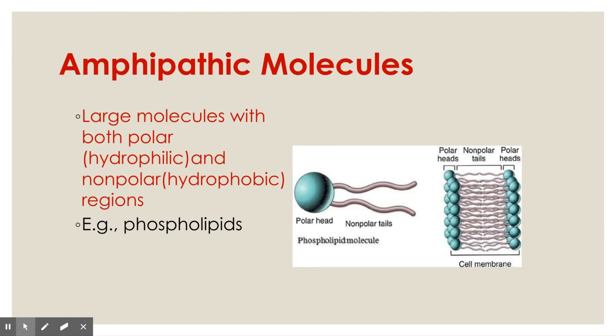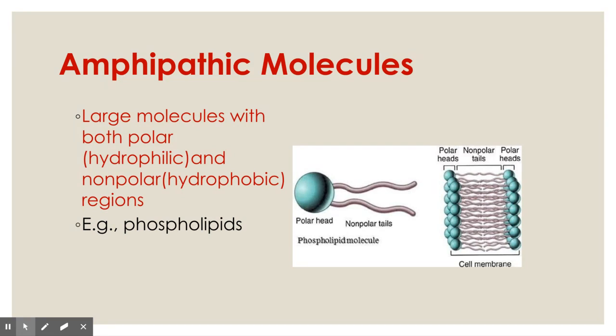We also want to look at what we call amphipathic molecules. These are usually large molecules like this phospholipid that have one side of them being polar, so that unequal pull of electrons, while the other side is non-polar, so there's no difference in how it shares electrons.